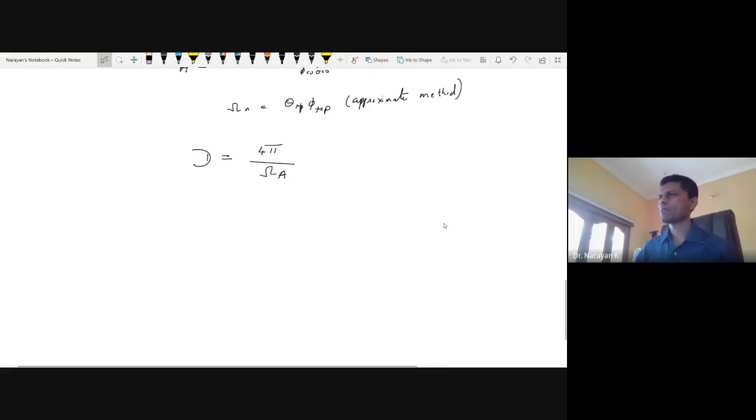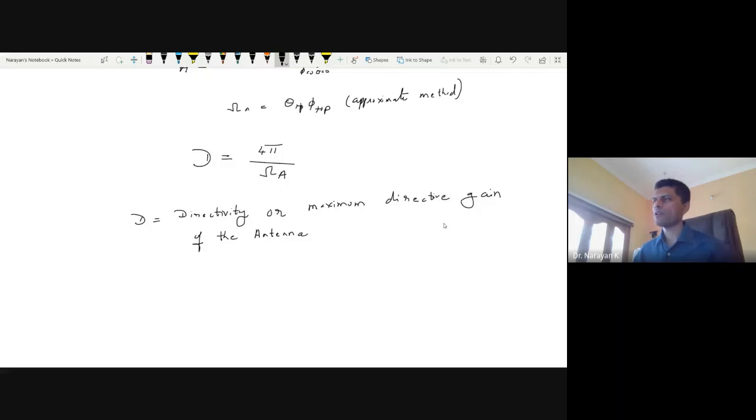D is nothing but the directivity, or maximum directive gain of the antenna.